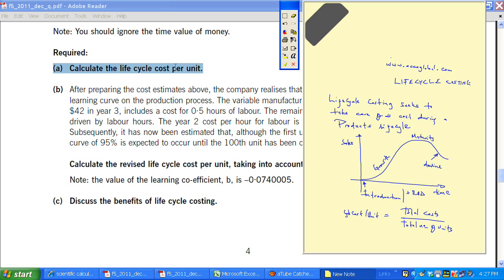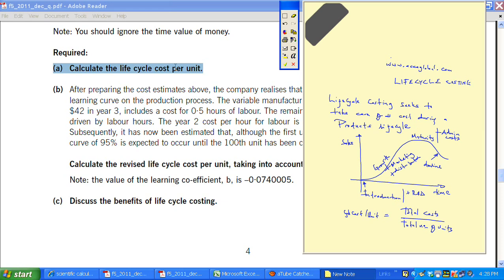During the growth stage, you'll have marketing costs and distribution costs. At maturity, you'll probably have admin costs. So basically all the costs involved in the product are called life cycle costs.